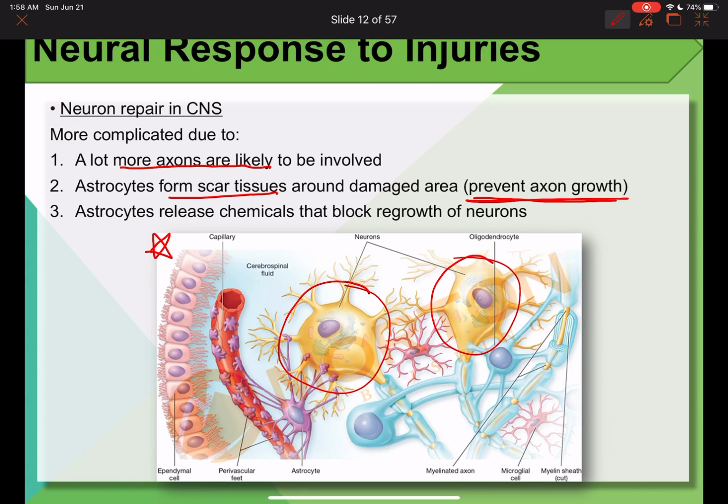Okay, and astrocytes actually release chemicals that block the regrowth of neurons as well for that very same purpose. It is to make sure that things that are supposed to be connected remain connected, and that we're not making new connections to places where we're not supposed to, okay?